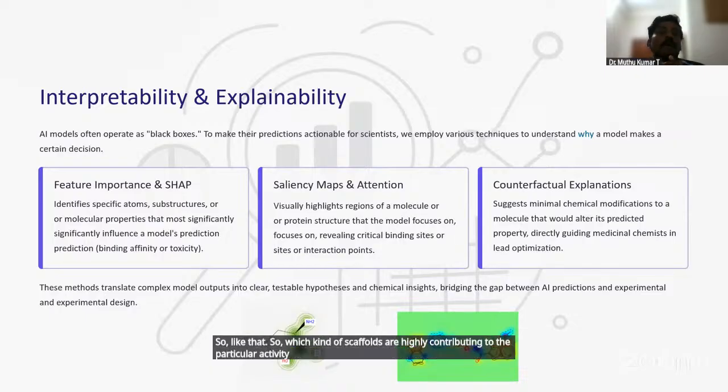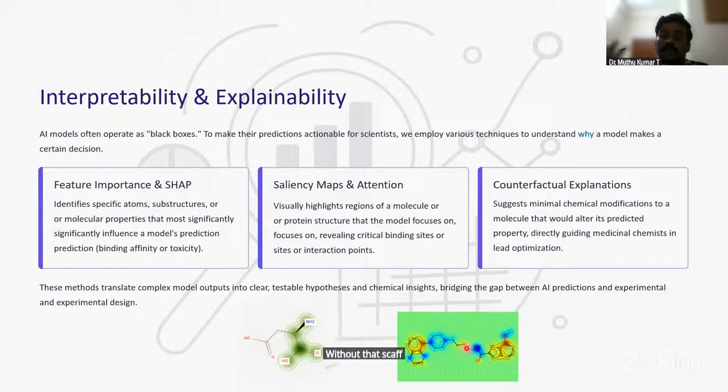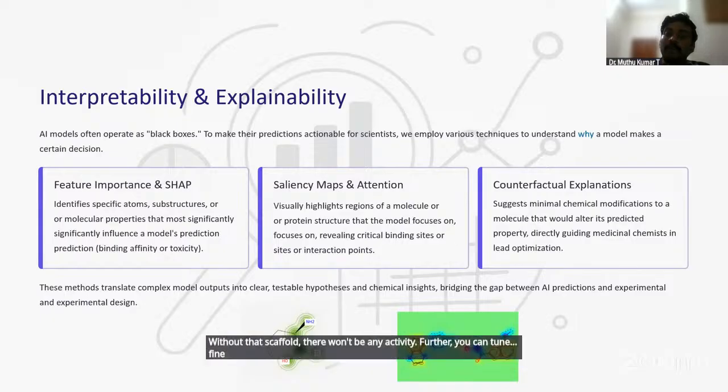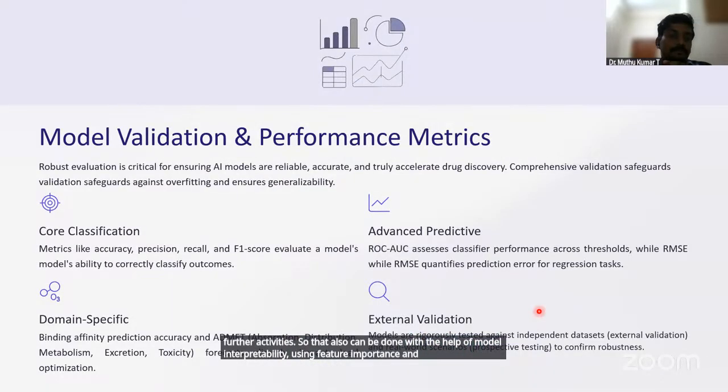We are going for drug activity prediction. So which kind of drugs, which drug is supposed to have the particular scaffold? Without that scaffold, there won't be any activity. Further, you can fine tune that particular scaffold or particular compounds to enhance the activities. That also can be done with the help of model interpretability using feature importance and SHAP values.